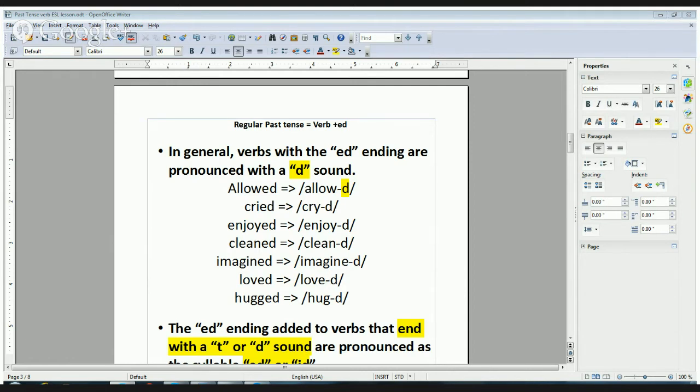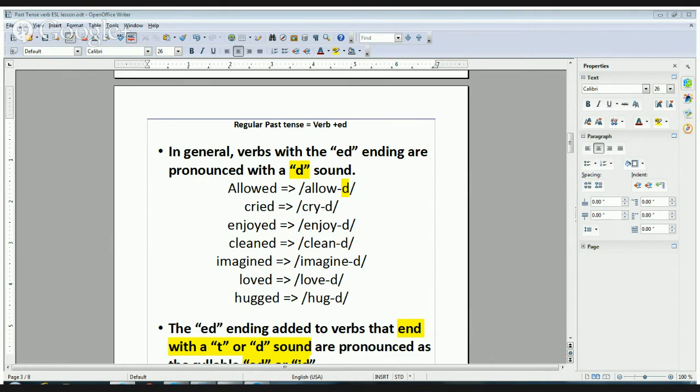Okay, Rafa, pronounce the last two words for me. Loved, loved, and hugged. Good. So loved, that's correct.